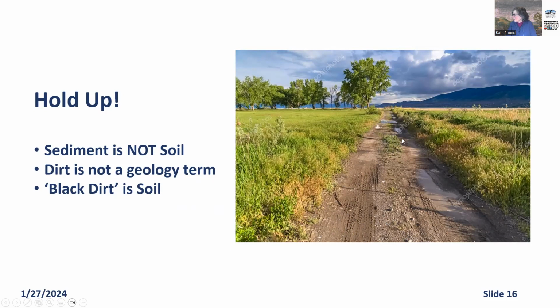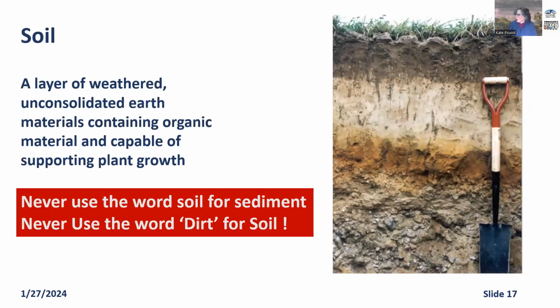And then once you get into the fields, there'll be some soil underneath everything that's growing there. A simple definition of soil is it's a layer of weathered, unconsolidated earth materials that contain organic material and is capable of supporting plant growth.